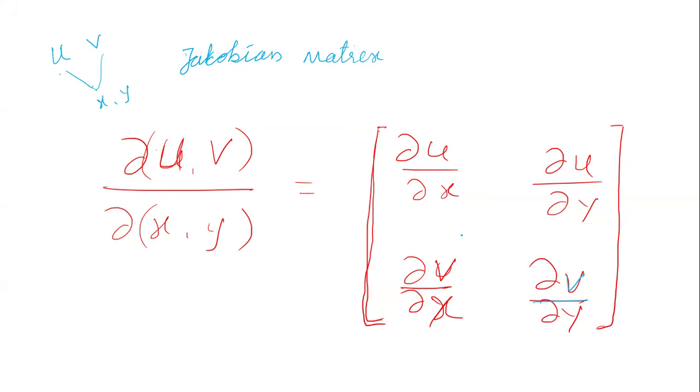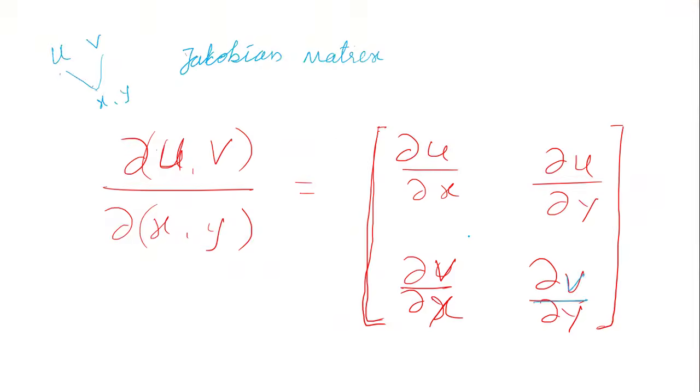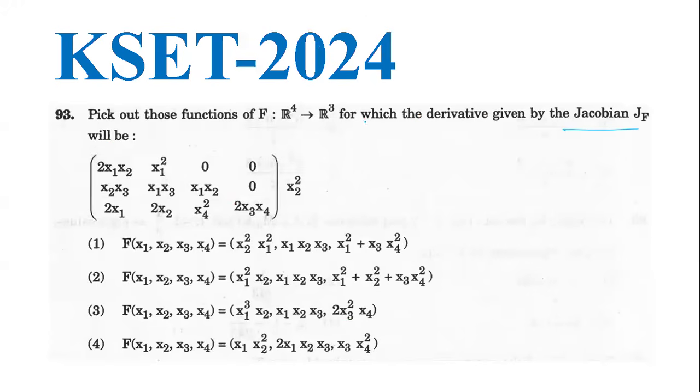Now see, this is a 3 by 4 matrix. Therefore, if you write this as a linear transformation, we get R raised to 4, order tuples, to R3, order tuples.